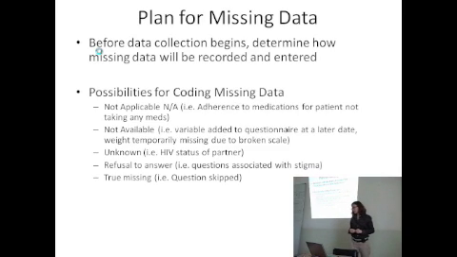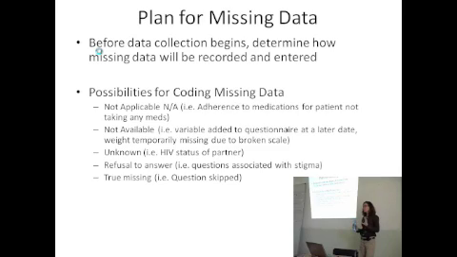Refusal to answer. Sometimes patients are hesitant to answer questions about stigma or about family matters. So you may want to put a checkbox on the form to indicate that the patient refused to answer, because that's important information, as opposed to just leaving that item totally blank.